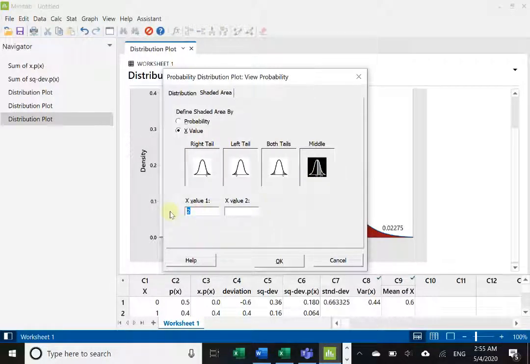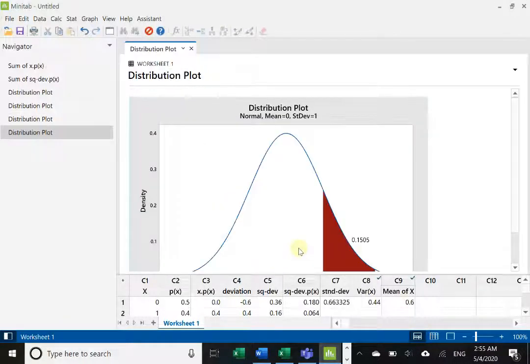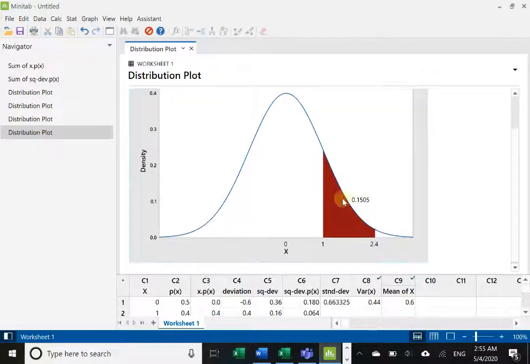The lower number was 1, the higher number was 2.4. Hit OK. And there you go. It shades the region that corresponds to that statement. And that probability, the area, is 0.1505, a little over 15%.